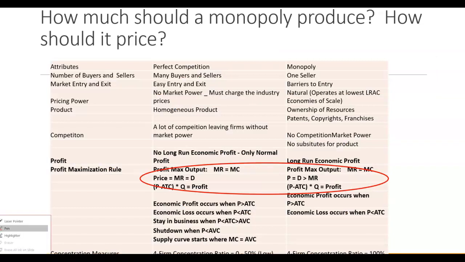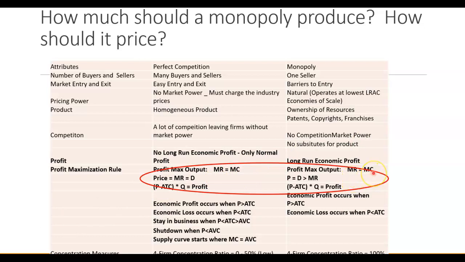So then we come to some decision rules, and the question is, how much should a monopoly produce, and how should it price? Well, the profit maximization rule for all industries is as follows. The output amount, how much they should make of a product, is determined always by marginal revenue equals marginal cost.